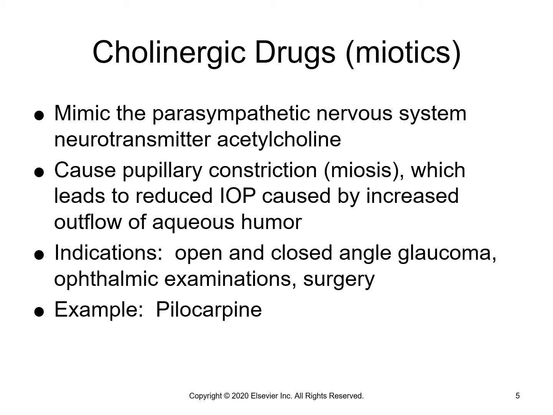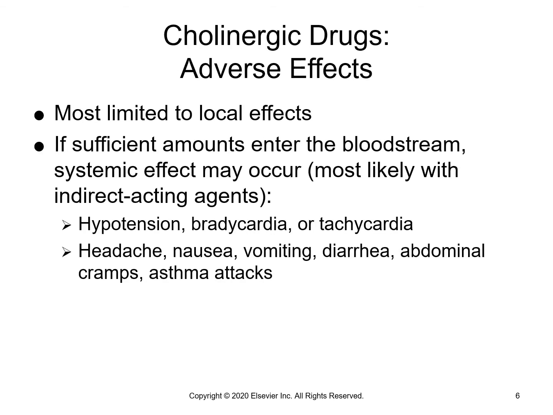The most common example would be pilocarpine. Because these do mimic the parasympathetic nervous system, the most common side effects are hypotension, and I'll let you read through the rest here, but headache, those are two of the most common side effects.